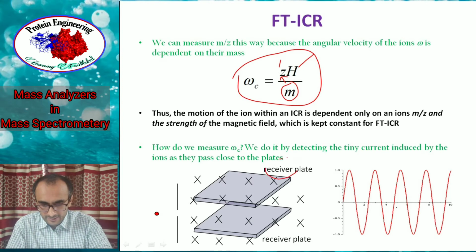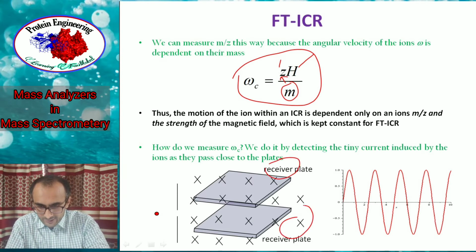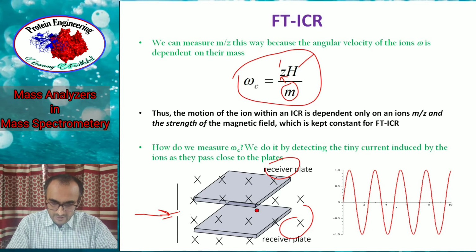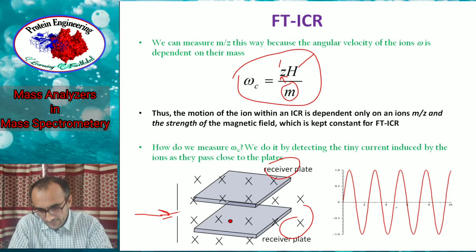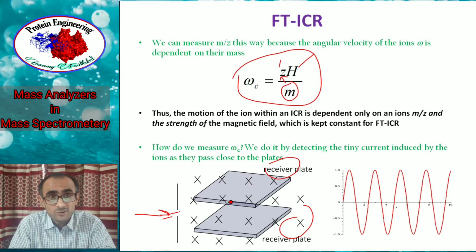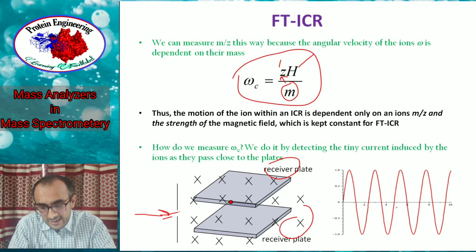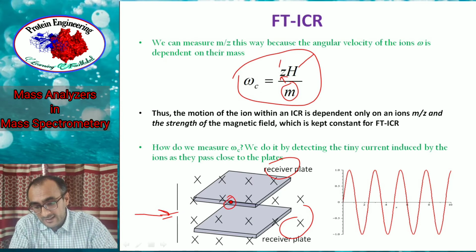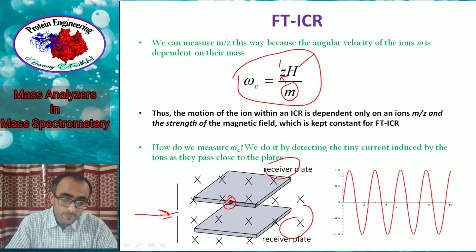For example, you have these two detector plates, and when you enter an ion between these detector plates, which are kept under high magnetic field, the ion starts circulating in an orbit, and when it comes close to a detector plate, because it is an accelerated charged ion, it induces current in the detector plate. That's called image current. So the image current is detected, and this image current depends on the cyclotron frequency of the ion, and cyclotron frequency depends on m/z. So that's how m/z is calculated.